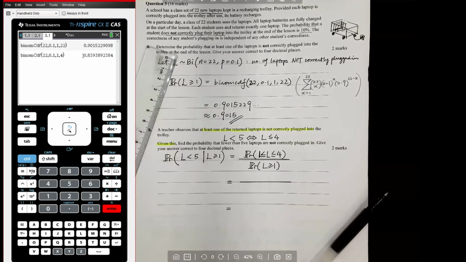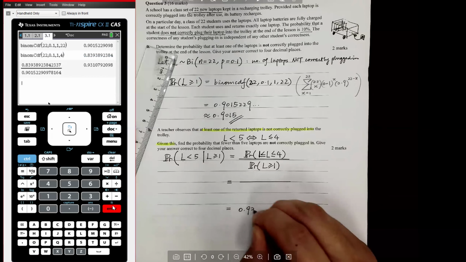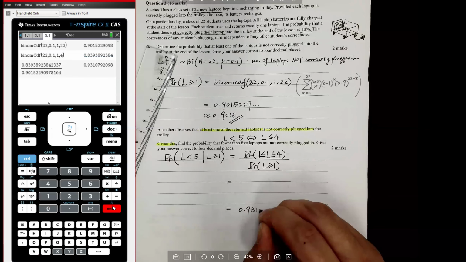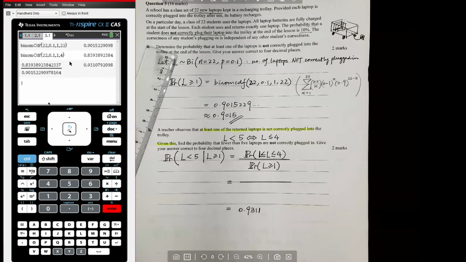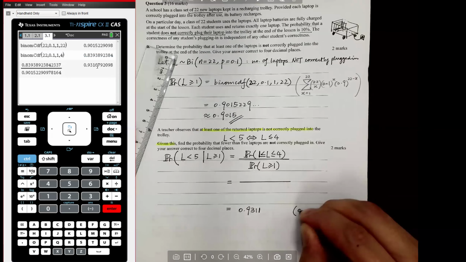You have to use all possible digits to avoid any rounding error. This is very similar to chemistry or, let's say, physics, if you have a multi-stage question. So you can see I quoted all digits here and I press Control Enter. So the probability is eventually 0.9311, okay? 9311, because you need to round this 7 up. I'll put the unrounded value here for your reference.